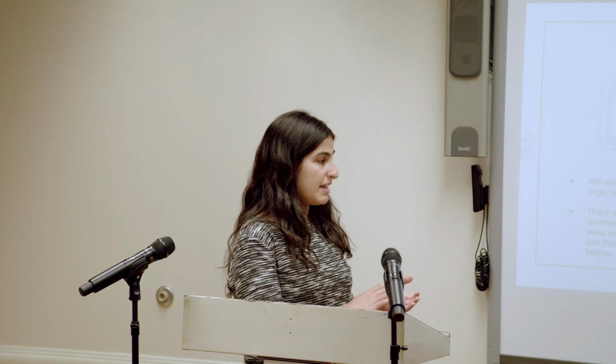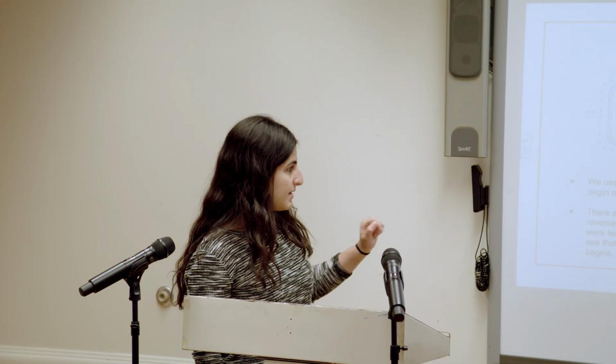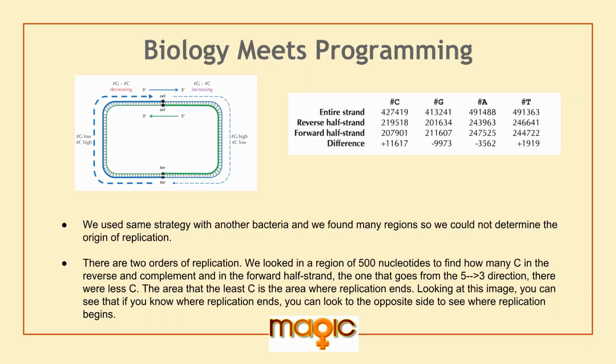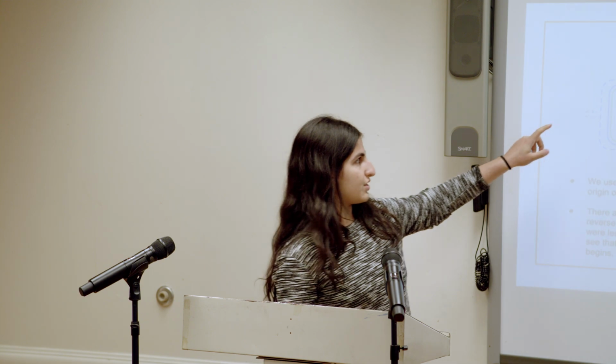Then we went to another type of bacteria, and we found that there were many regions and many possibilities that could be origins of replication. So we had to think of another method. We did a little bit of research and figured out that there are 2 half strands of replication, a forward half strand and a reverse half strand.